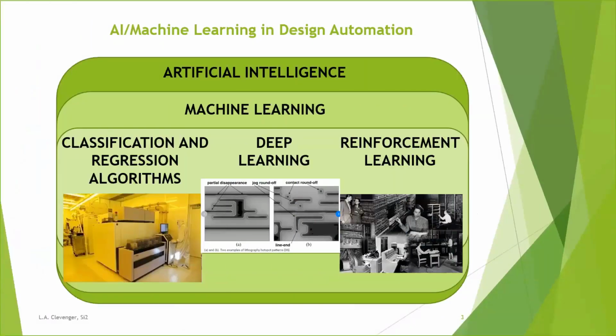Artificial intelligence and machine learning are really broad fields, and for SI2, I'm narrowing our goals down to focus on design automation applications for AI and machine learning. From a design automation perspective, artificial intelligence would be a system that's going to make decisions like an expert designer would.